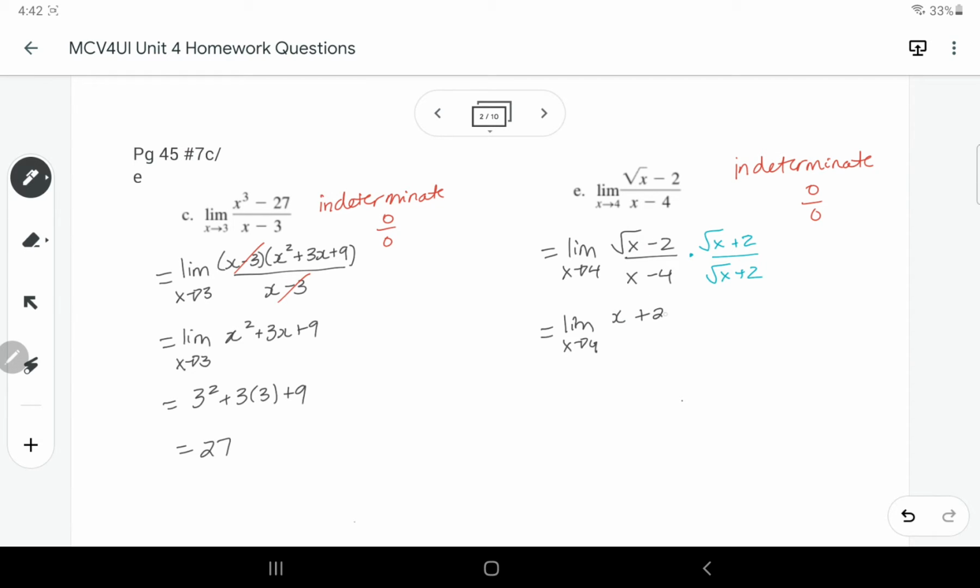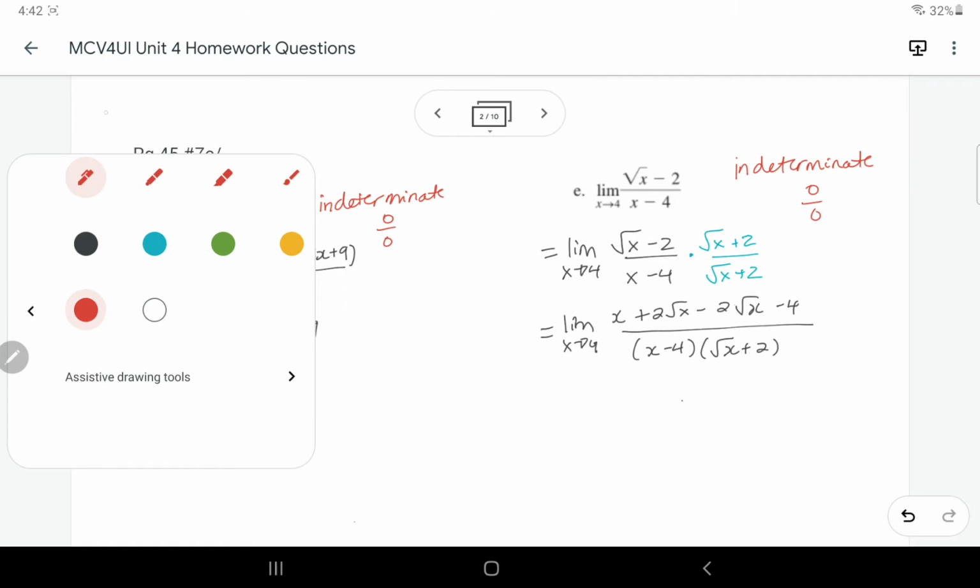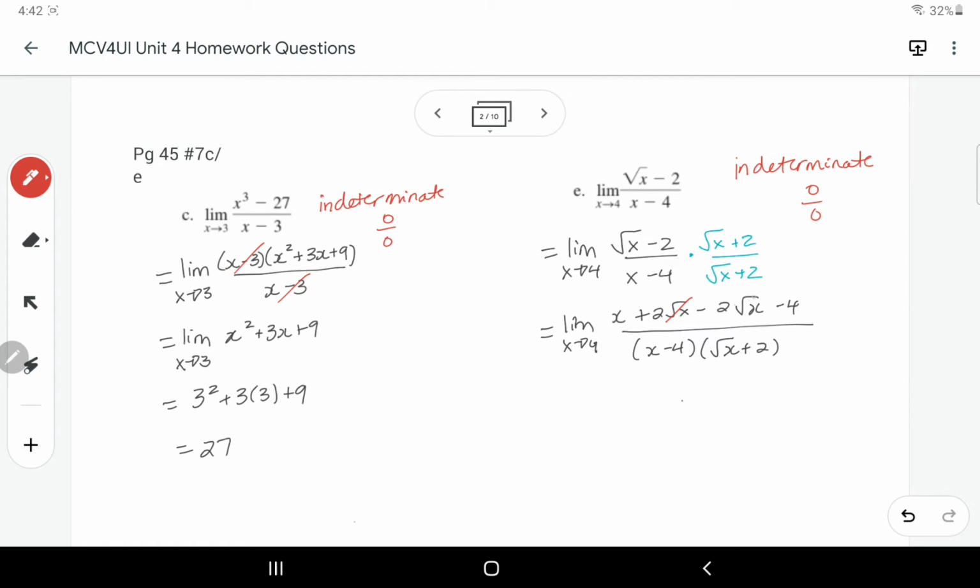Then I would have plus 2 root x and minus 2 root x. It's a terrible square root sign. And then minus 4 all over x minus 4, and I'm not going to distribute this in, but you'll see that when you multiply by the conjugate, that's the whole point of the conjugate, to get those middle two terms to cancel out.